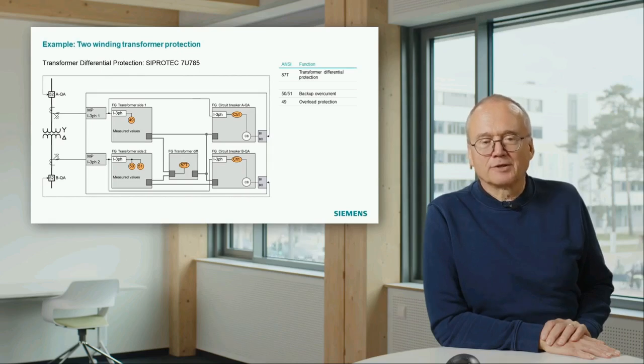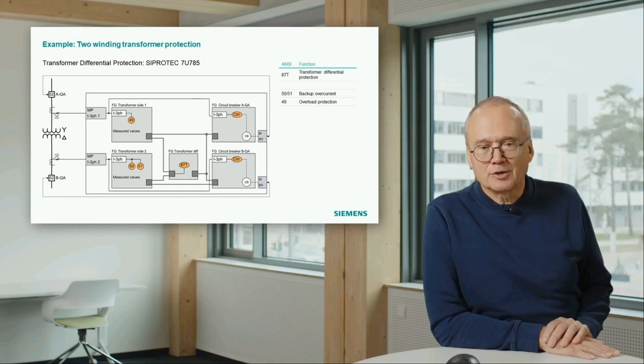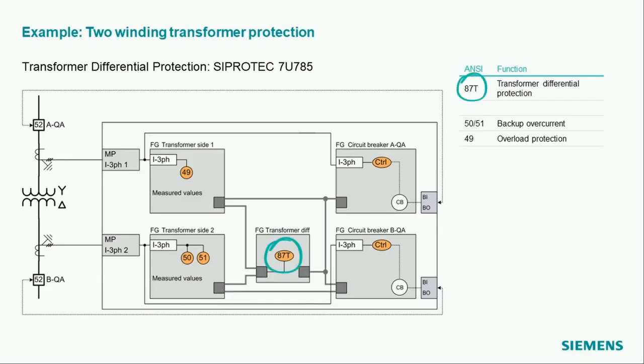For bigger transformers, the standard main protection is the transformer differential protection. It is called here on the right hand side 87T. 87 is the standard number for differential protection, and the T means we have here a differential protection in use for a transformer. And then we have two additional functions.